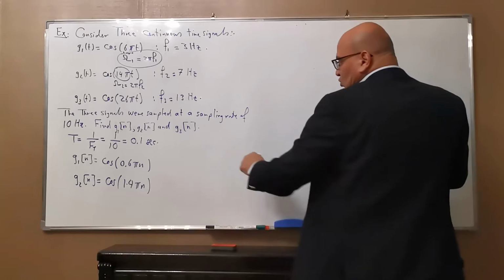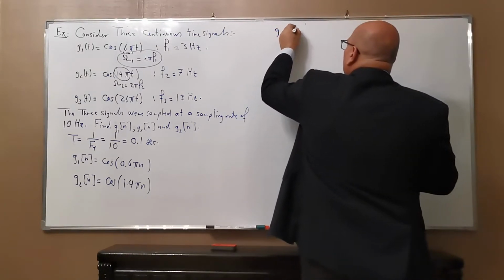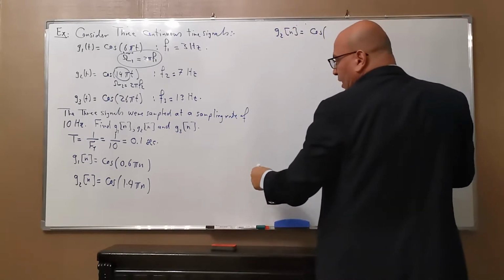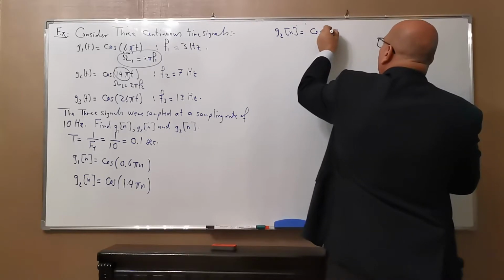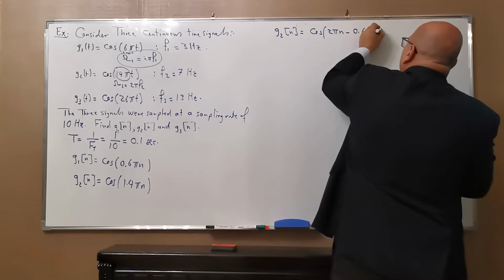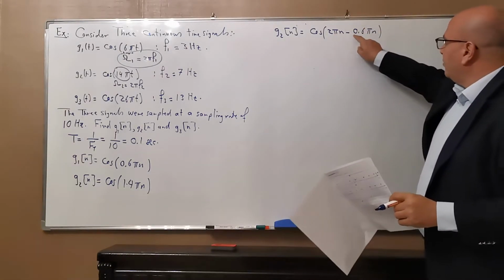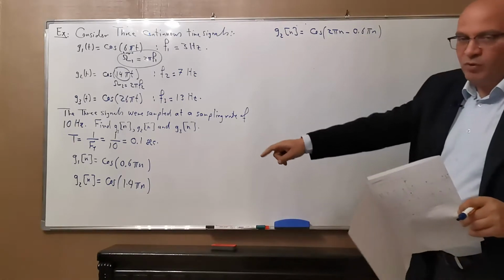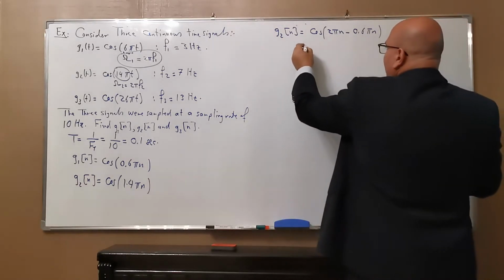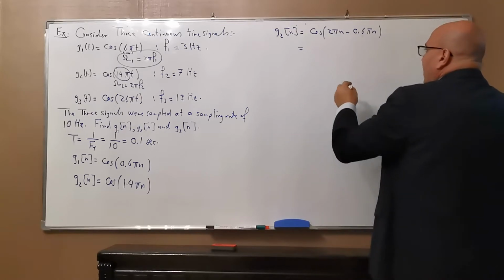Now, I'm going to look at g2 in a different way. I'm going to look at g2 of n to be equal to cosine of this 1.4 pi n, which is 2 pi n minus 0.6 pi n. That's right, 2 pi n minus 0.6 pi n is equal to 1.4 pi n. Now, this is the cosine of a difference of angles.